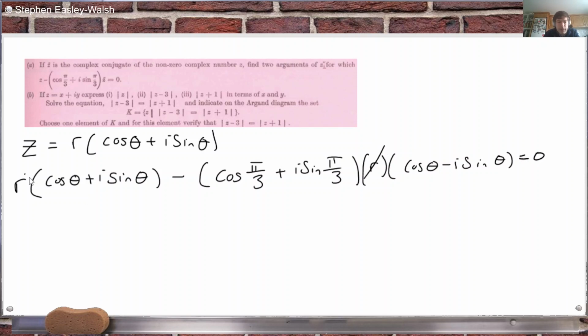So you see the r didn't really matter. And I guess we couldn't even find the r anyway, so that's why they're only asking for the argument.